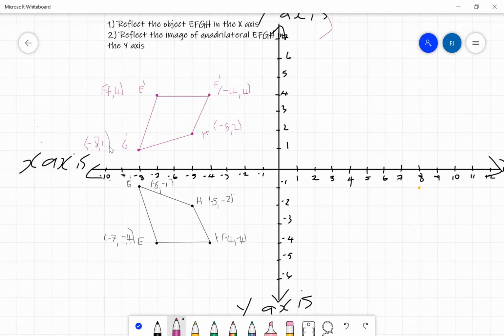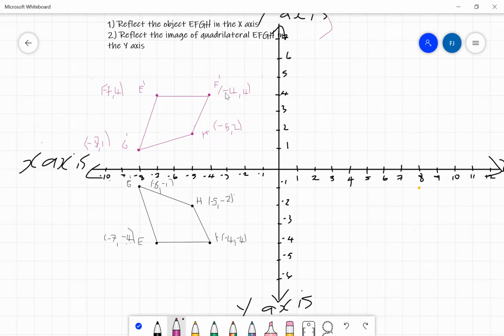There we have the image of quadrilateral EFGH. I want us to make an observation. As was said previously, when an object is reflected in the x-axis, the y values change, in that the value that was negative becomes positive and the value that was positive becomes negative. Take, for example, point F prime.